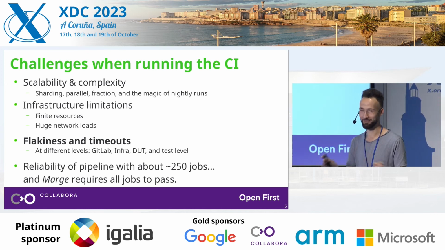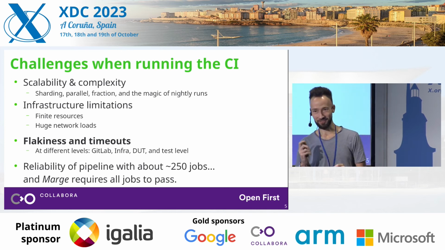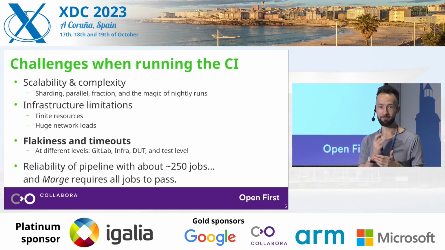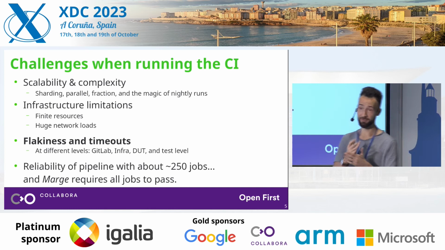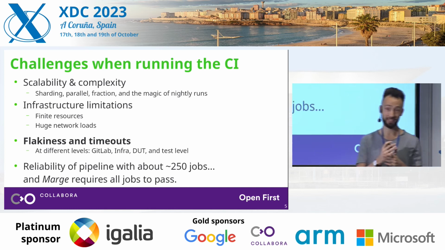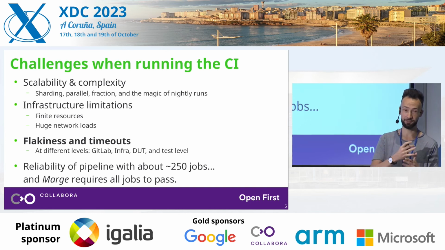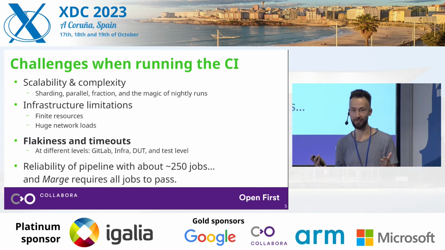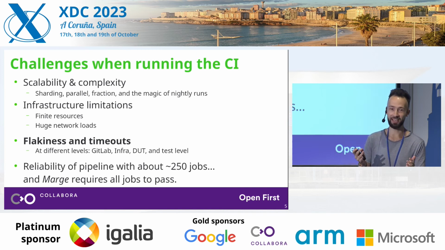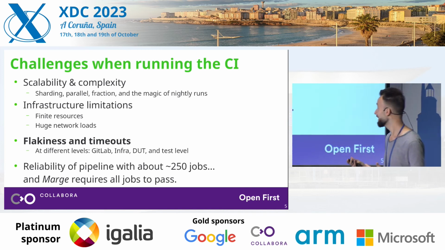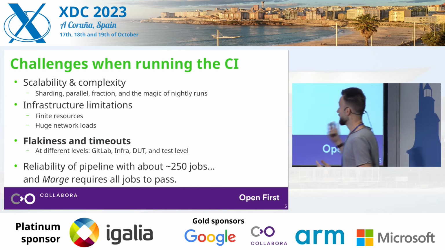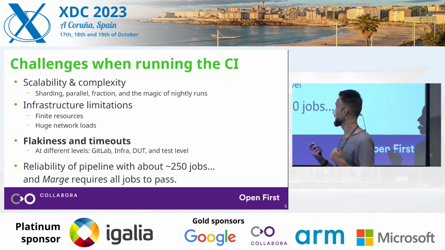It may fail forever. So we always want everything to pass. And if something doesn't pass, we need to know about it and have it marked as fails or flakes. Because we run millions of tests, and some of these tests will always fail. So our challenges are scalability and complexity.